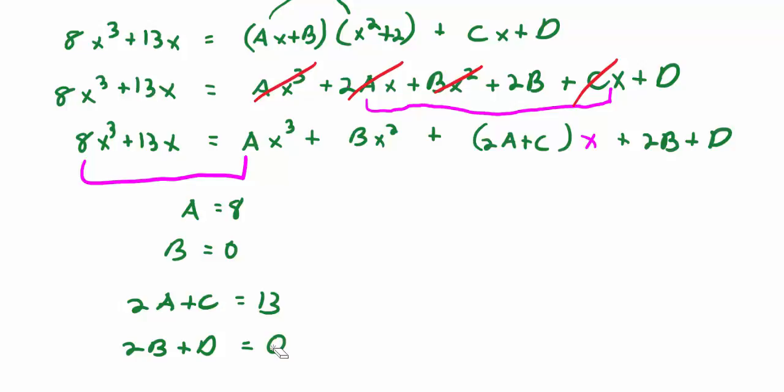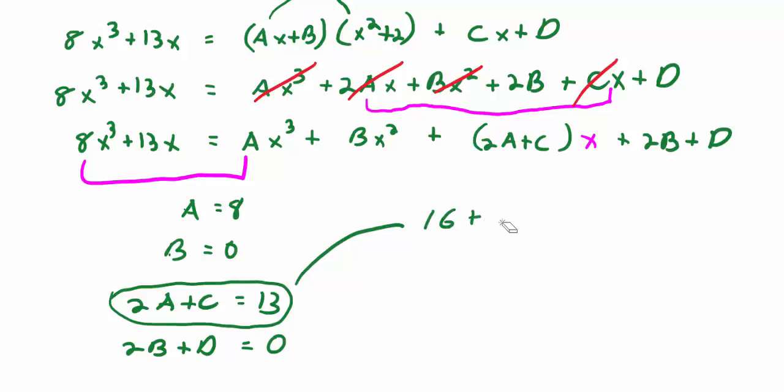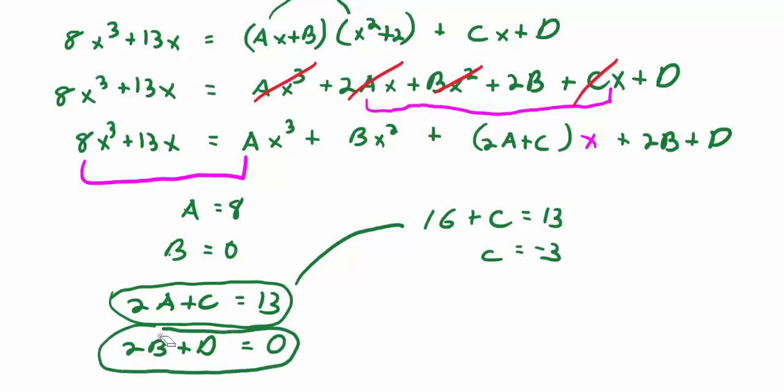Sometimes they get a little bit hairy in the homework, but not too often. So we already know what a and b are. Can we get c? Yes. From this equation, 2 times a plus c equals 13. What's 2 times a? 16 plus c equals 13. So what's c? -3. And then this one, well, wait a minute. If b is 0, then d must be 0 as well.